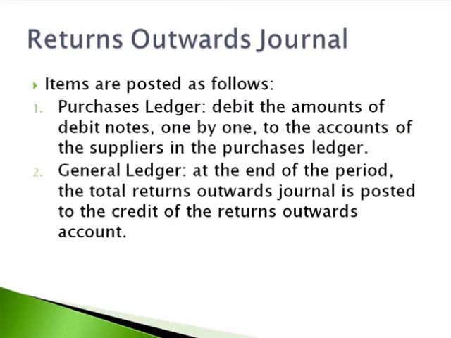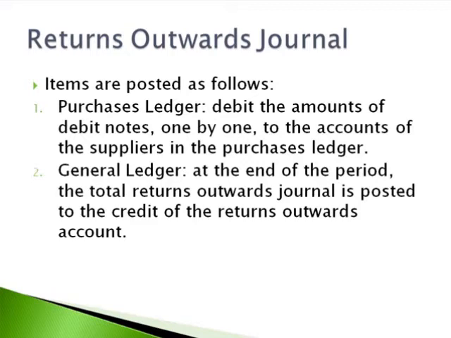Items are posted as follows: purchase ledger. We debit the amounts of debit notes one by one to the accounts of the suppliers in the purchase ledger. What this is basically saying is that we purchase goods from suppliers.